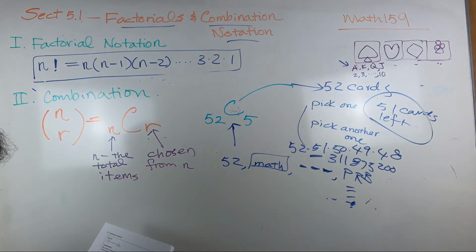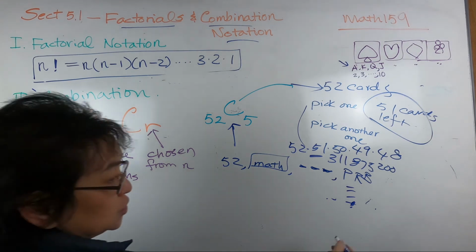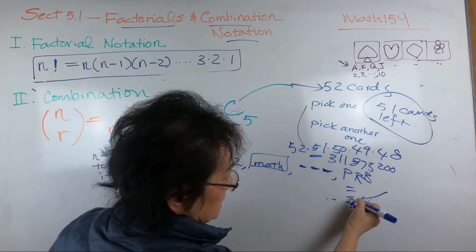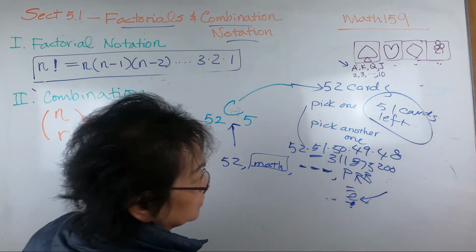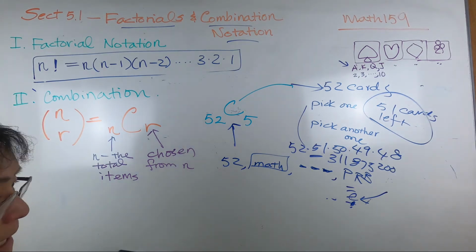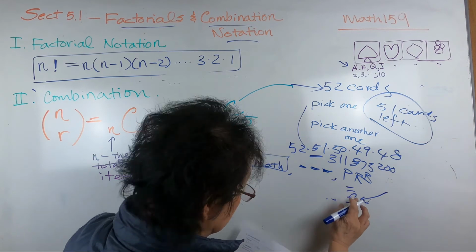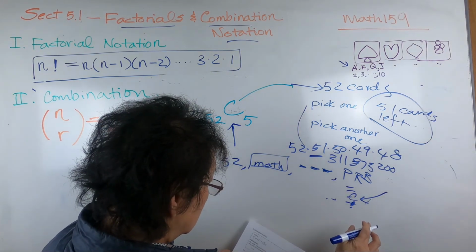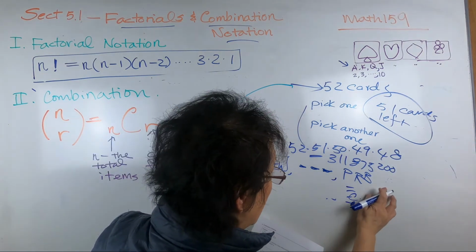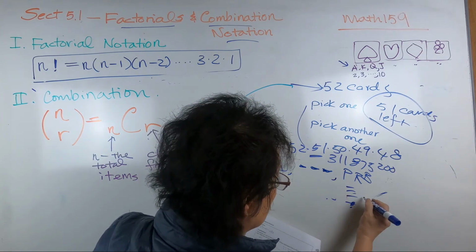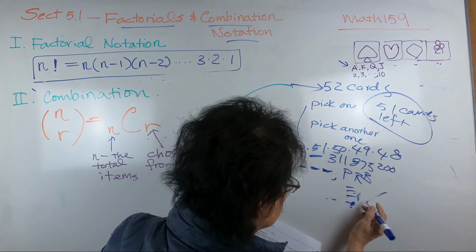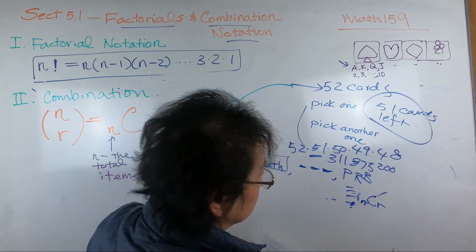So you choose option 3. Here, option 3 is your C. Option 3 you will see is nCr.